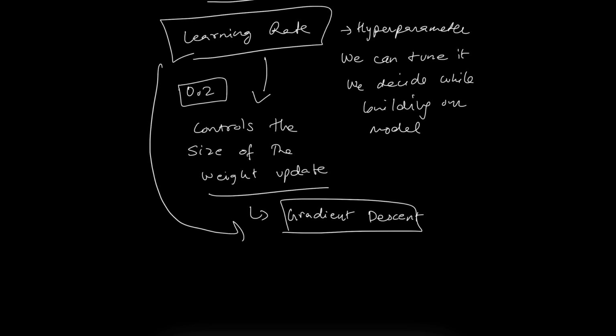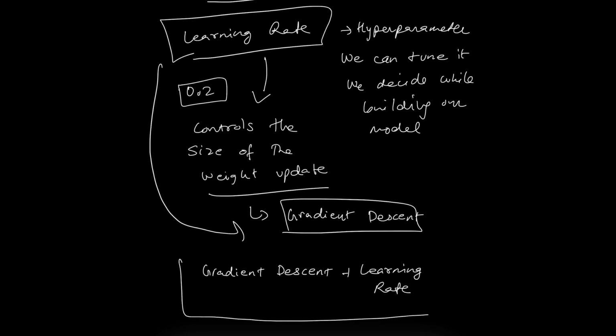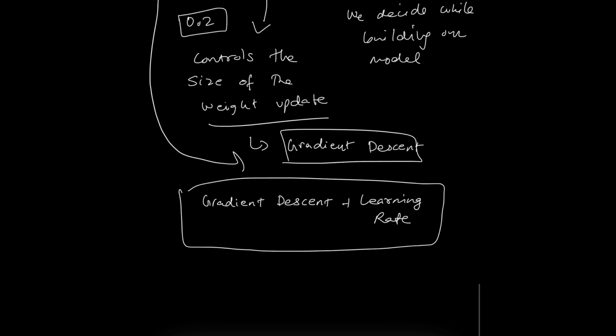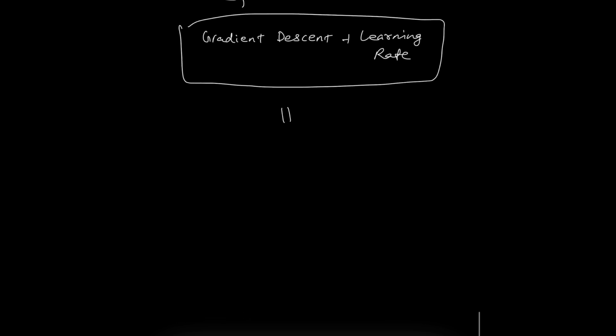So basically, gradient descent plus learning rate gives us the update of our variables or parameters.